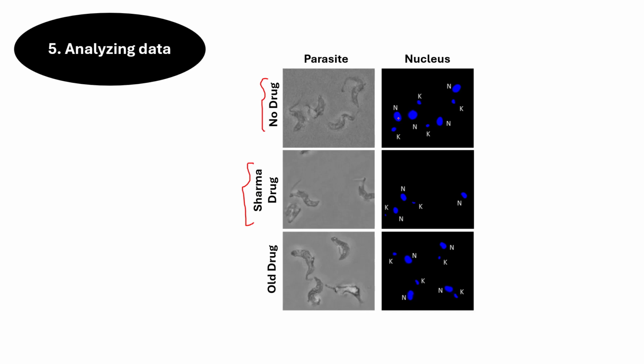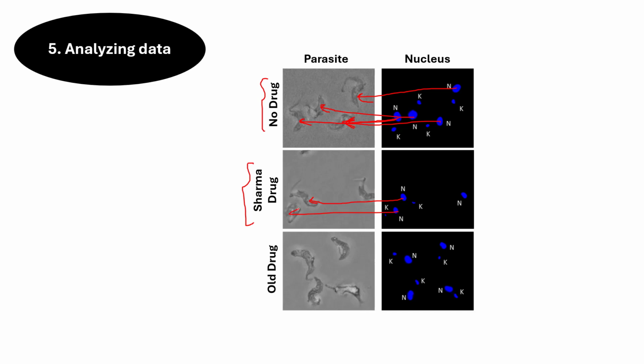So what you're seeing in second panel are the nuclei of these parasites. So this is the nucleus of these parasites. I'm sorry, this is this one, and this is this one. Similarly, this is this guy.